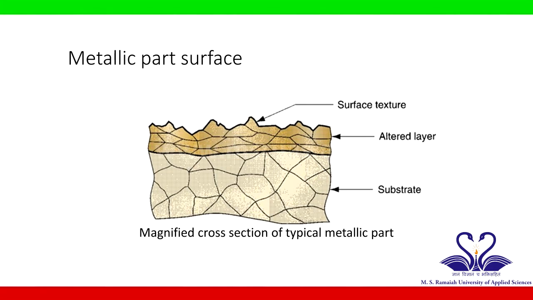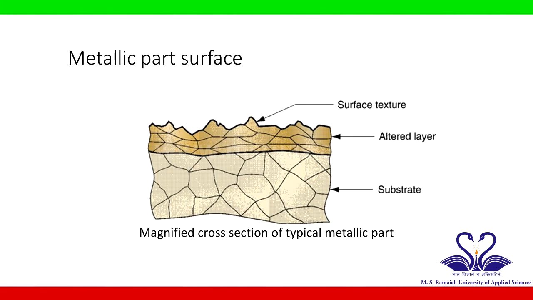Altered layer: just below the surface is a layer of metal whose structure differs from that of the substrate. This is called the altered layer, and it is a manifestation of the actions that have been visited upon the surface during its creation and afterward. Manufacturing processes involve energy, usually in large amounts, which operates on the part against its surface.